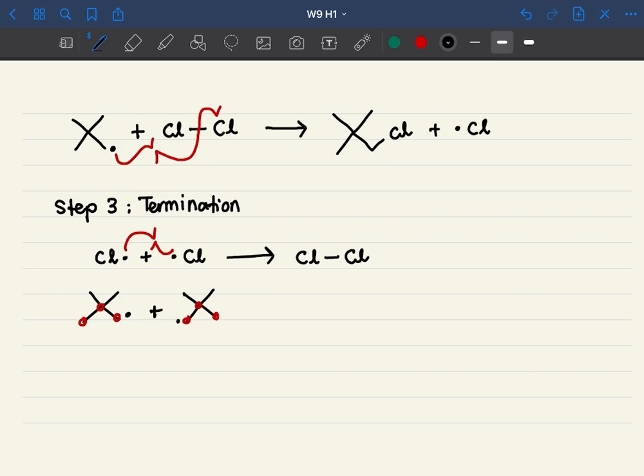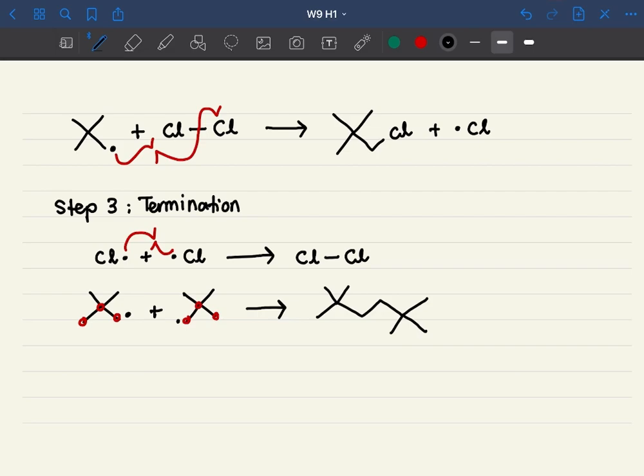So we're going to have 1, 2, 3, 4, 5, 6. And then at carbon number 2 here, we have 2 branches. So we're going to write the 2 branches, 1, 2. And then at this carbon here, we have 2 branches. So this is going to be our final product.